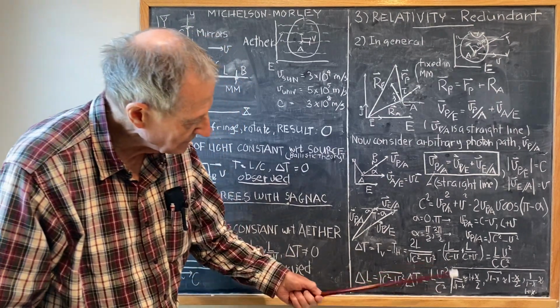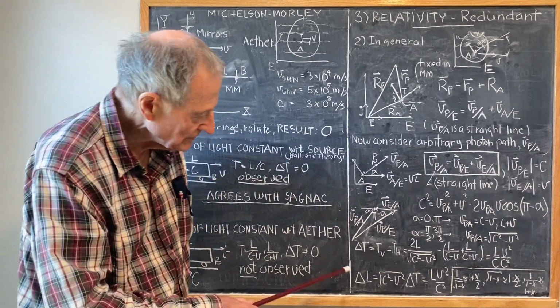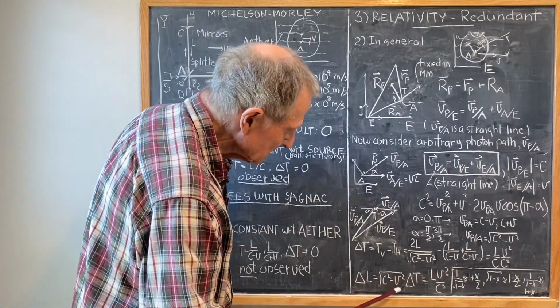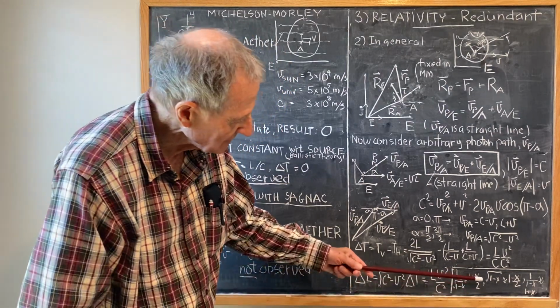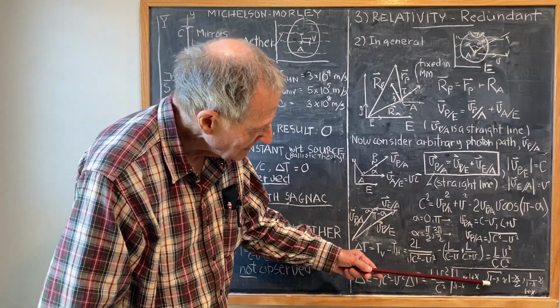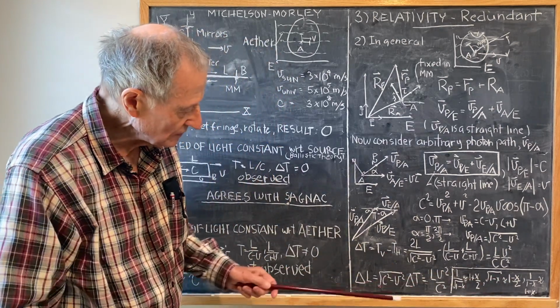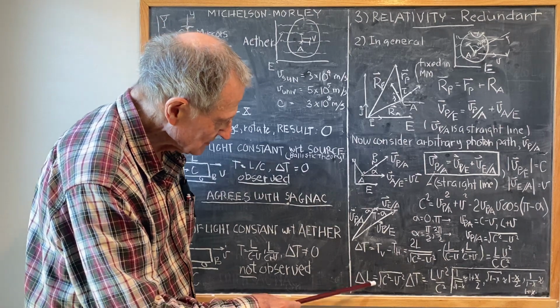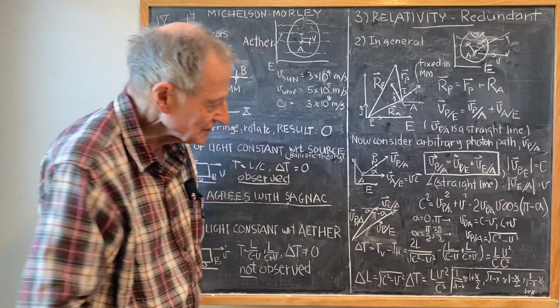The square root of 1 minus v squared over c squared can be calculated from this approximation from Taylor's expansion. This is equal to 1 minus x over 2, and you ignore the higher order terms in v over c to get that. And you get that this is just c times this term here, or Lv squared over c squared.